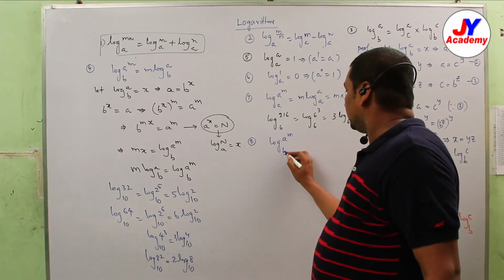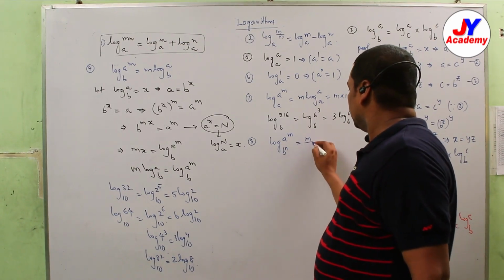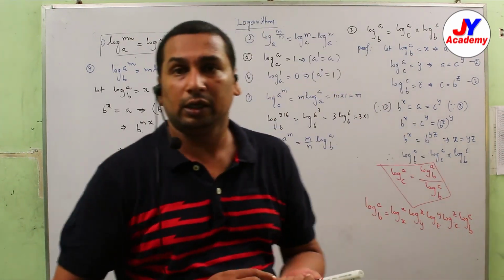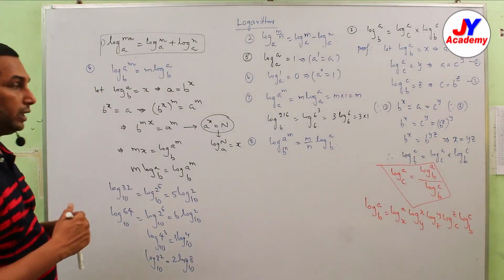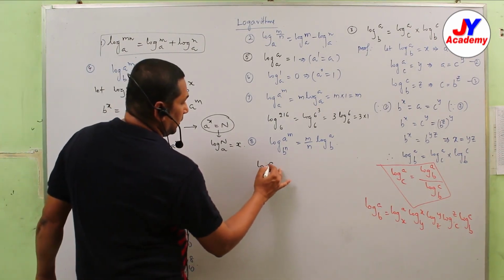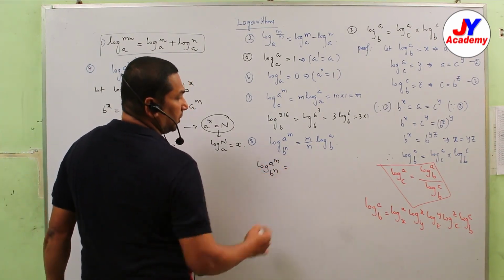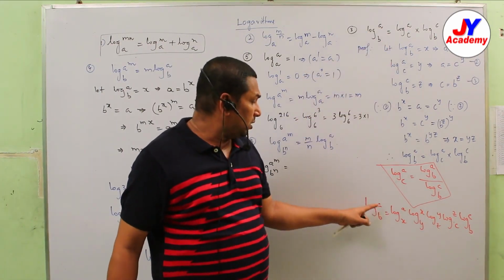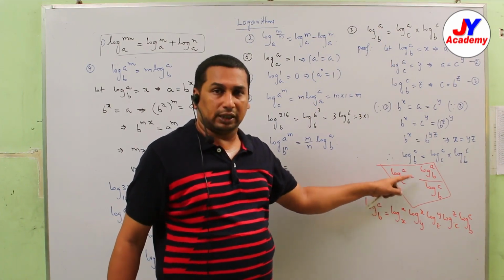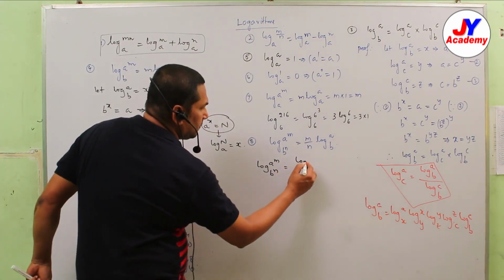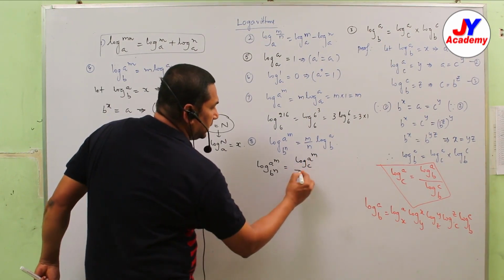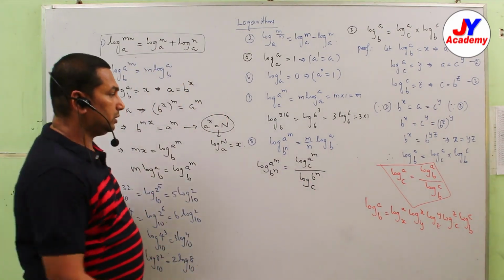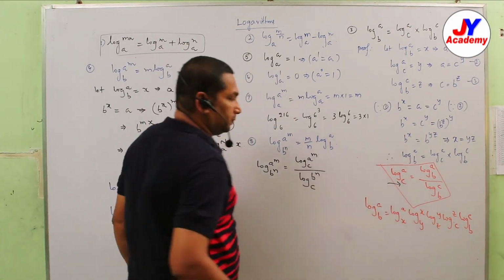Log a power m base b power n is equal to m by n log a base b. So how do we have to derive this? Log a power m base b power n. By taking the third result, log a base b is log a base c by log b base c. It can be written as log a power m base c by log b power n base c.